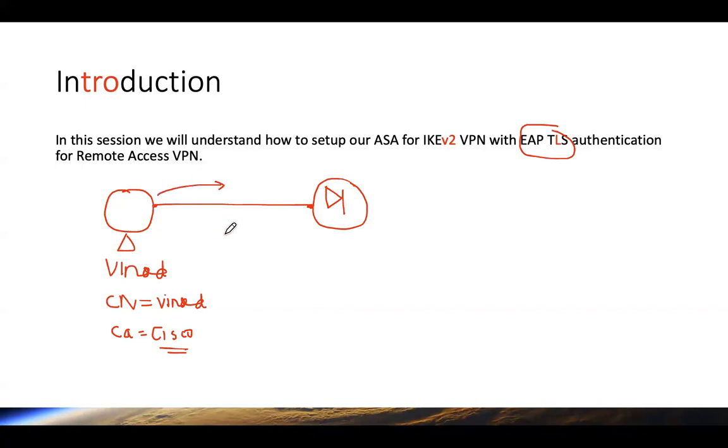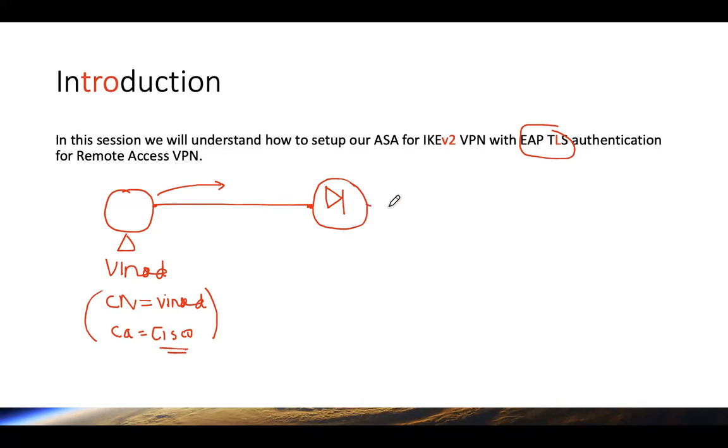But remember, here is a twist. If you remember my previous session where we configured certificate-based authentication, in that case the user, or the VPN endpoint machine, provides his certificate to Cisco ASA, and Cisco ASA performs authentication.